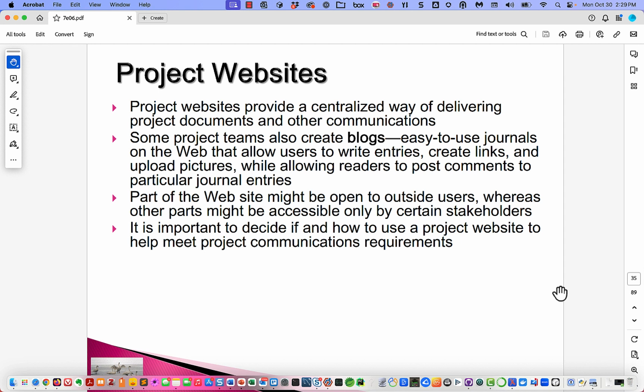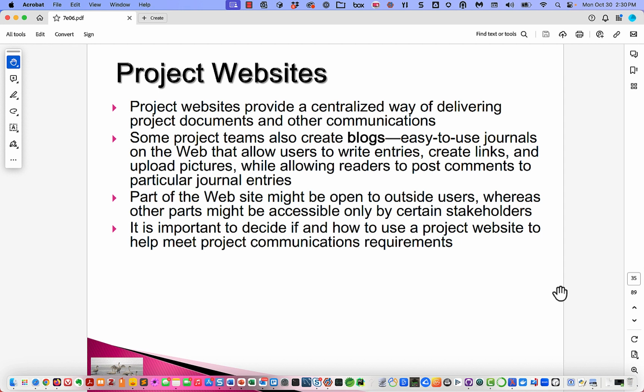But we're not only talking about websites per se. We're talking about, again, a website that we would create with some kind of a web framework, or we could be using a tool like Microsoft SharePoint, or a tool like Microsoft Teams, or any one of a whole range of tools. We could be using wikis.